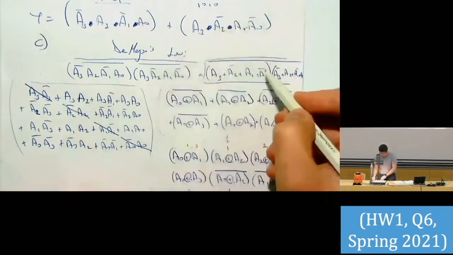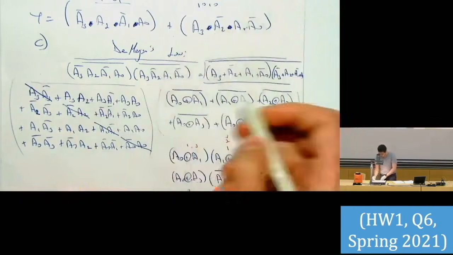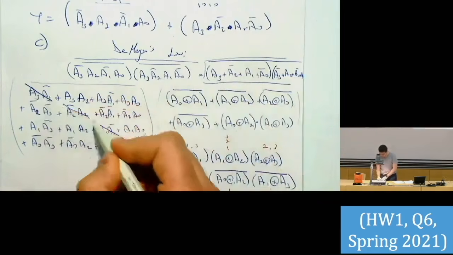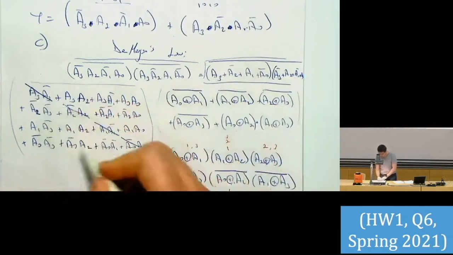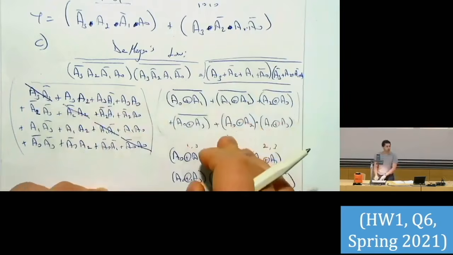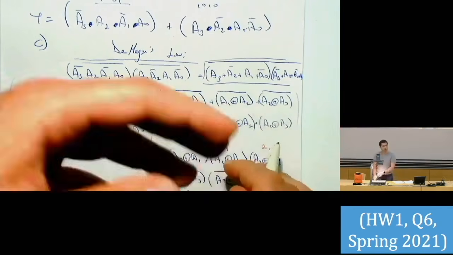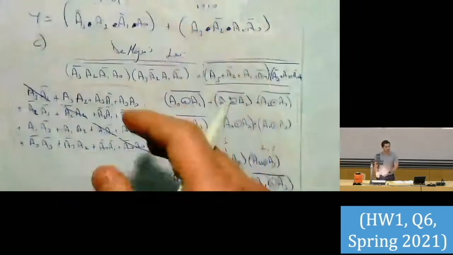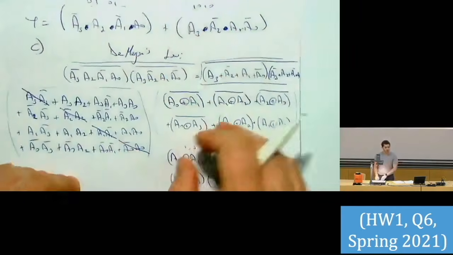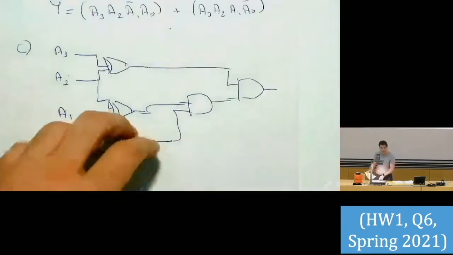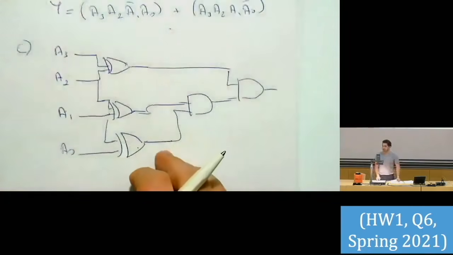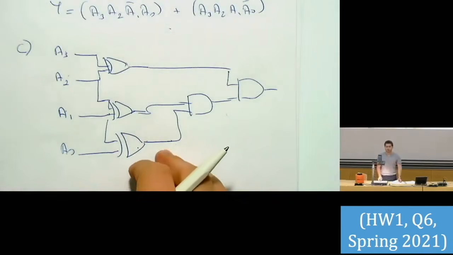You can distribute those in such a way that all of these will be cleared, and the rest will give you some bunch of XNORs and XORs, and some of the XORs or XNORs will be implicitly included in other XORs, and then you will also end up with the same circuit. All right, if you don't have any questions related to that, we can take a break.